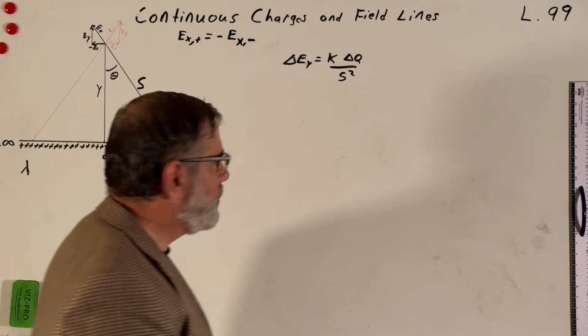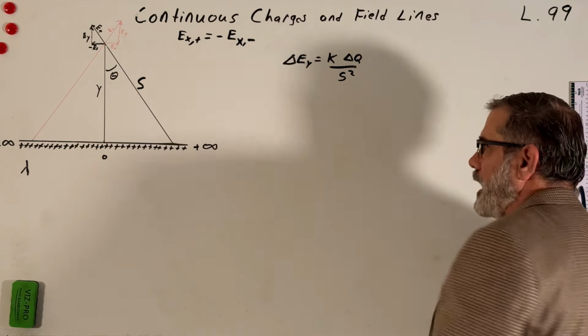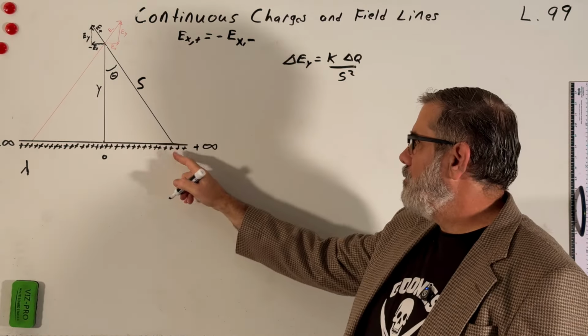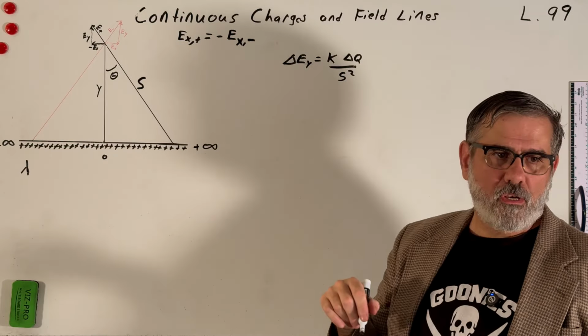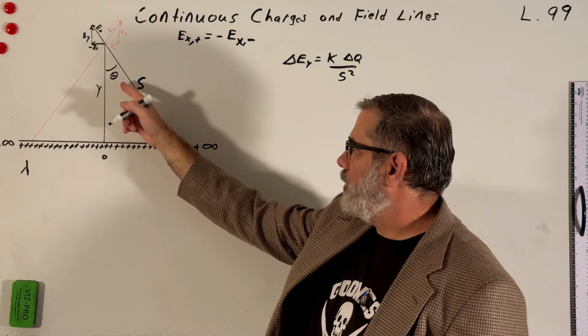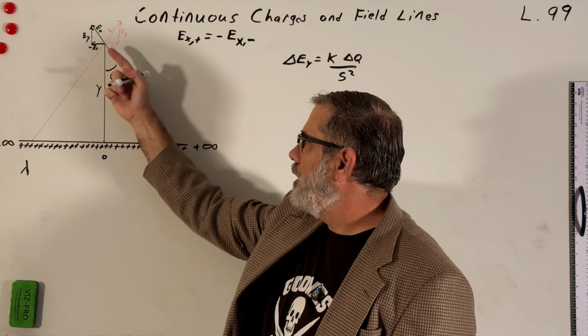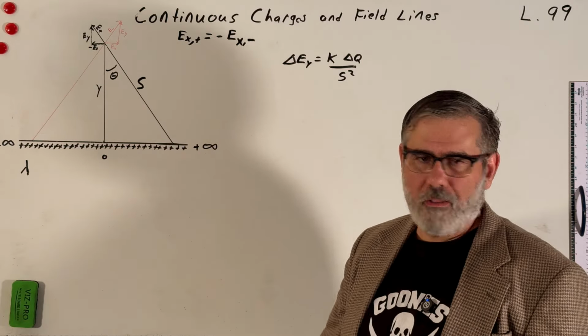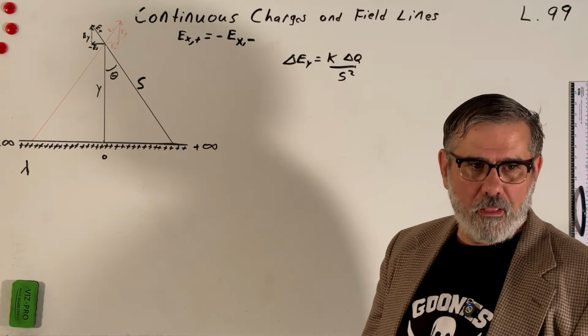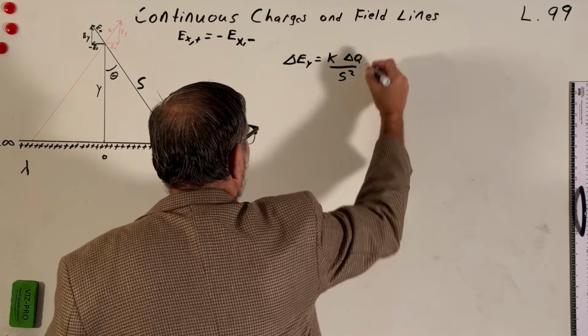Why times the cosine of theta? Because this is the field from this little region, but we want the field only in the y direction. So we take the electric field times the cosine of theta, because it's adjacent over the hypotenuse.